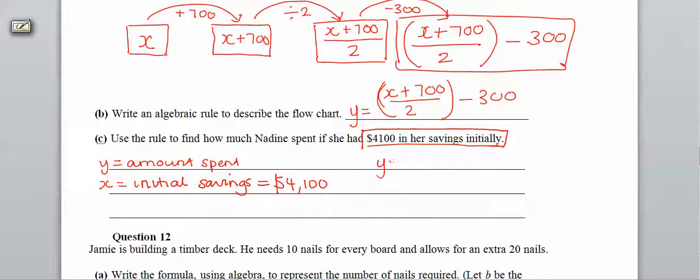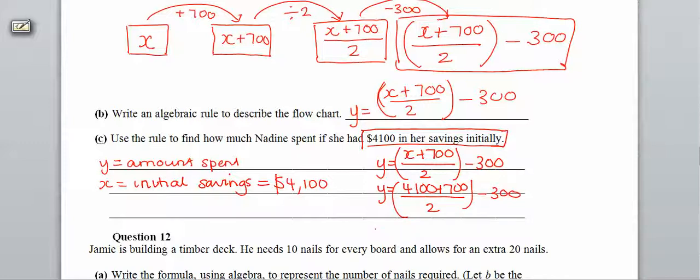So the first thing we do is write out our rule. So X plus 700 divided by 2, all in brackets, minus 300. Now we substitute 4,100 for X, so we've got Y equals 4,100 plus 700 divided by 2, all in brackets, minus 300.